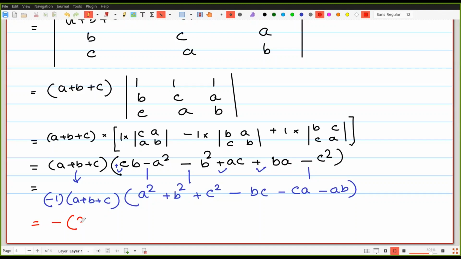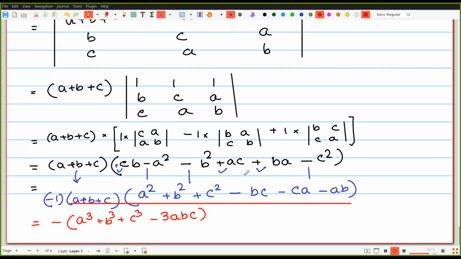Already we have said that portion means a cube plus b cube plus c cube minus 3abc. And that one is the proof.